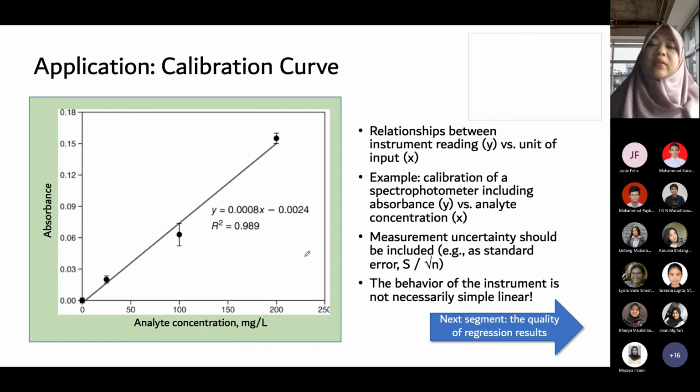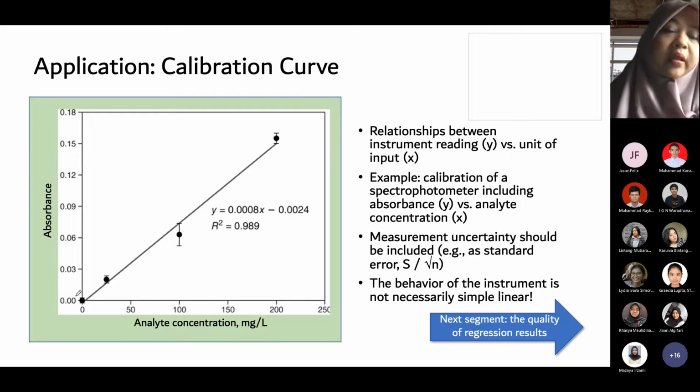Okay, so an example is the calibration curve, the relationship between the instrument reading and the input. For example, the calibration of a spectrophotometer, including absorbance and analyte concentration. The measurement uncertainty should be included, and the behavior of the instrument is not necessarily simply linear.